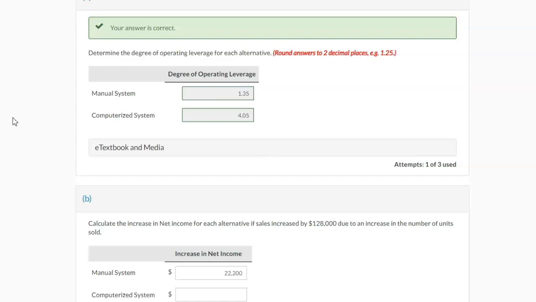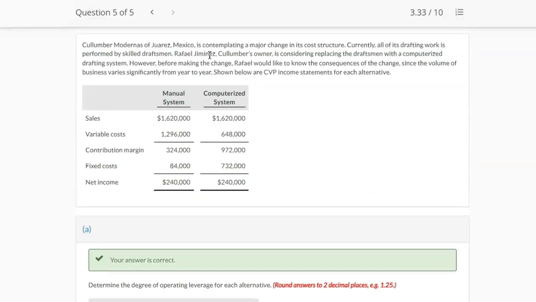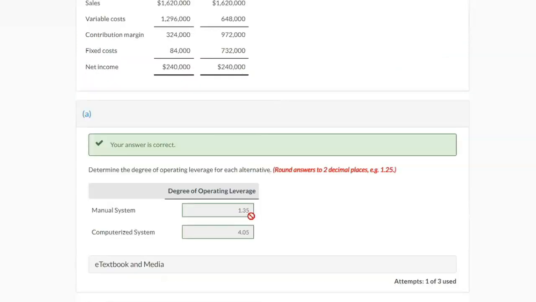Okay. You got your degree of leverage. What's your degree of leverage? Degree of leverage is 1.35 and 4.0. Okay, 1.35. So for every percentage increase, yours is going to go up 1.35. So the profit is going to go up by 1.35 times 1.079.